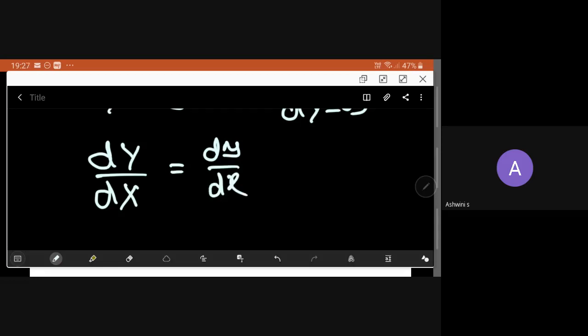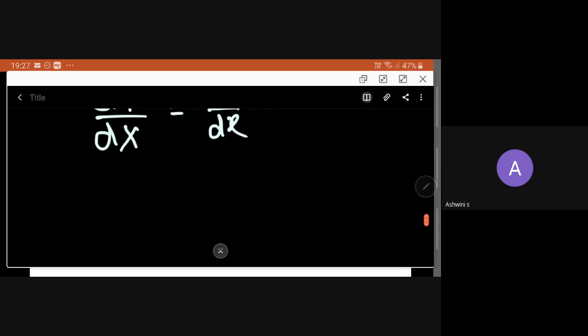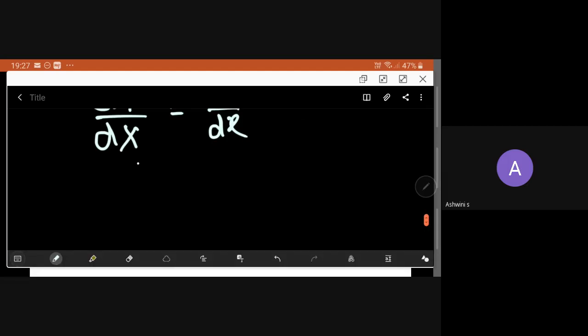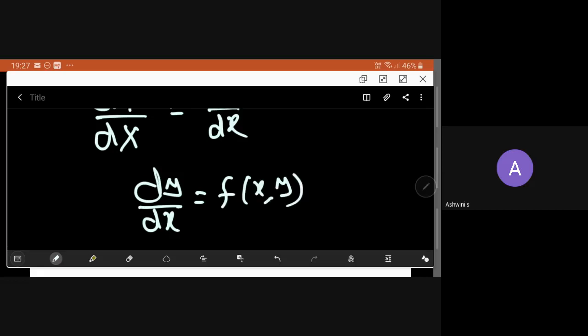So our equation then becomes: dy by dx is equal to f of x, y, which can be easily converted into capital X, capital Y form. This is replaced by dY by dX, and this x is capital X minus h, and this y is capital Y minus k.